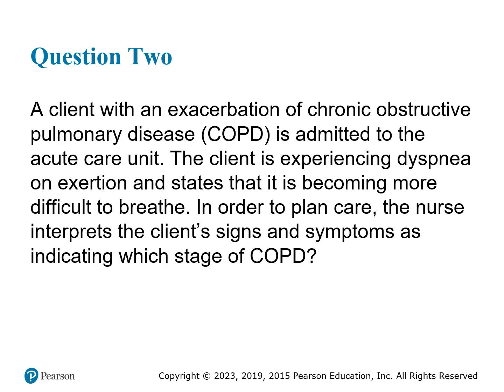Question number 2. A client with an exacerbation of chronic obstructive pulmonary disease, COPD, is admitted to the acute care unit. The client is experiencing dyspnea on exertion and states that it is becoming more difficult to breathe. In order to plan care, the nurse interprets the client's signs and symptoms as indicating which stage of COPD?